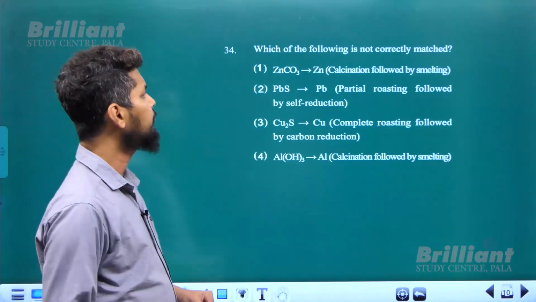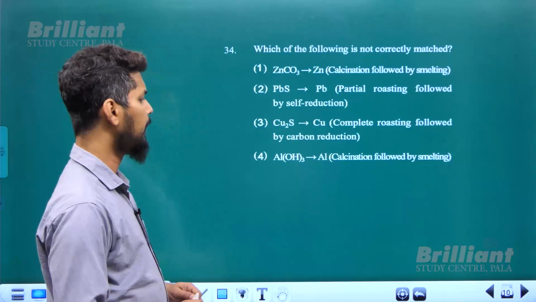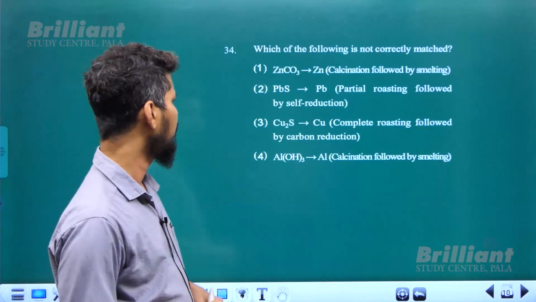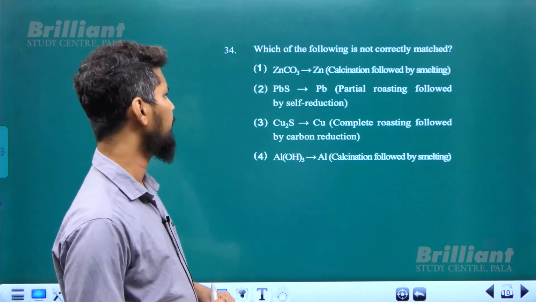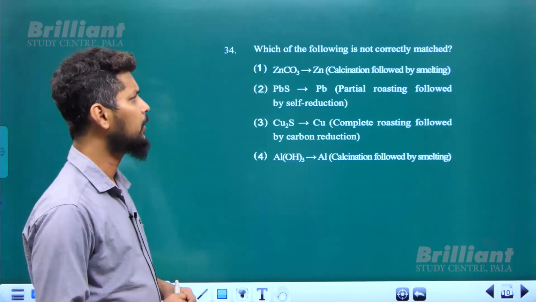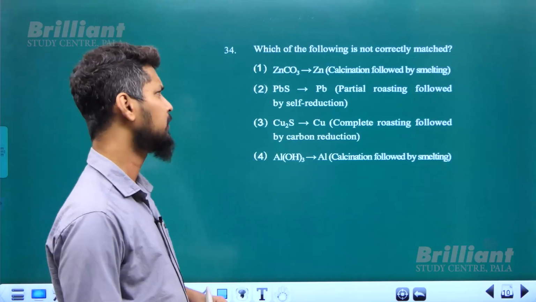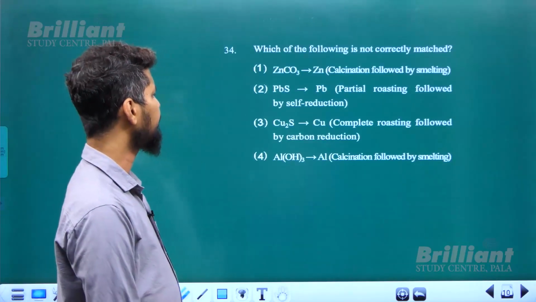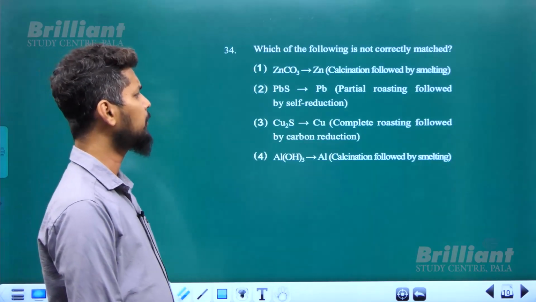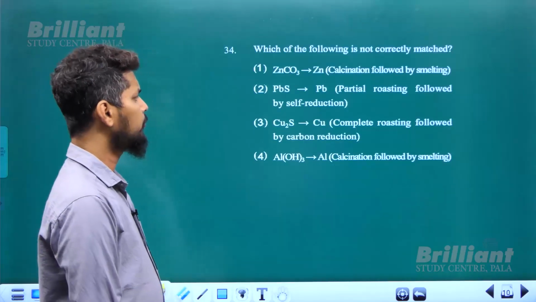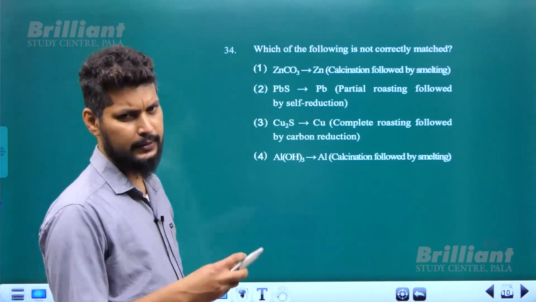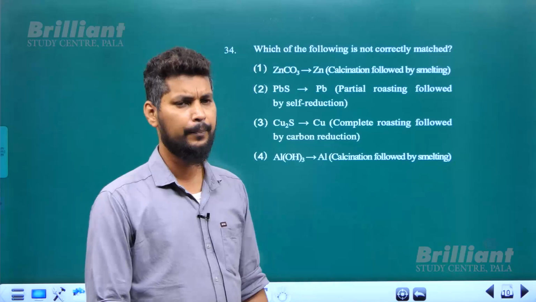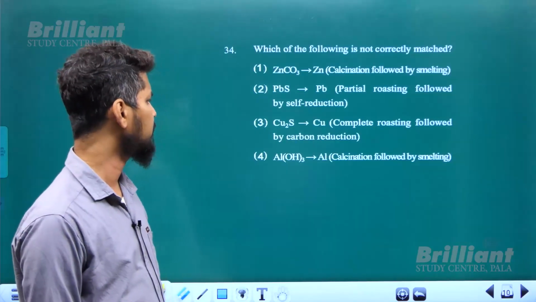Next, which of the following is not correctly matched? I feel it is option 4. Zinc carbonate, zinc calamine, followed by calcination followed by smelting. Yes, carbon dioxide is removed by calcination. And the second one, PbS giving Pb, partial roasting followed by self-reduction. As said previously, lead is reduced by self-reduction method.